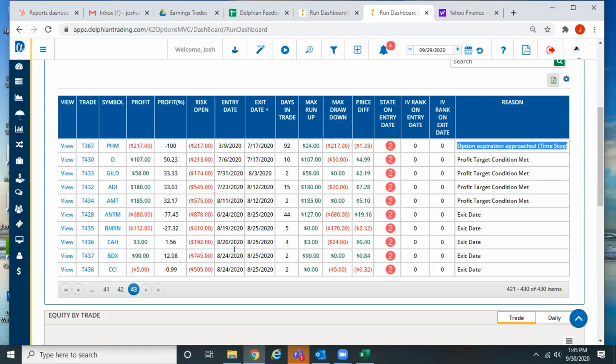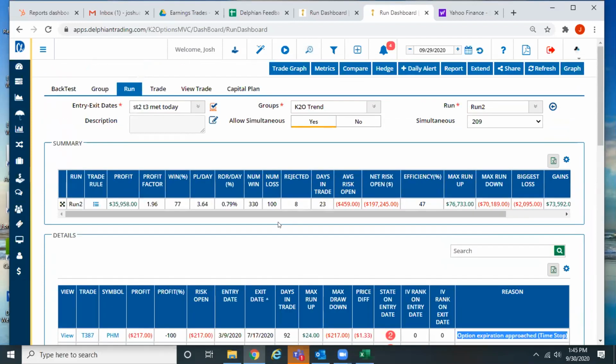Okay. Any other questions about this process? No? Okay, so I'll follow up. Yep, one other question. Is there a way of telling what's the average days in trade for all of them?